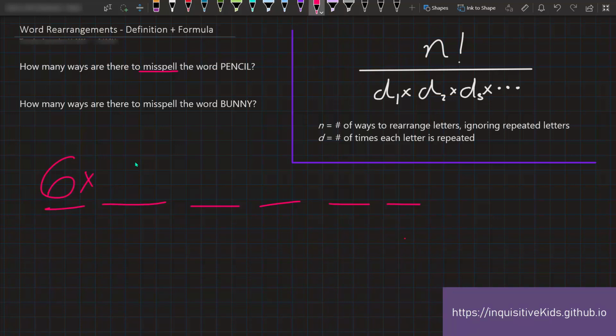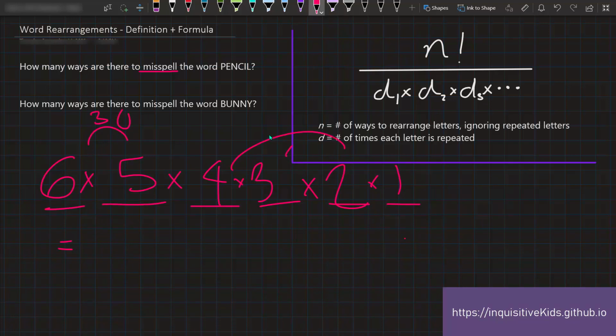For the next one, since you already used one, you would have 5 options, and then 1 less, which would be 4 options, 3 options, 2 options, and then 1 option. After multiplying this all together, this is 30 and this is 24, you get 720. So there are 720 ways to misspell the word pencil.